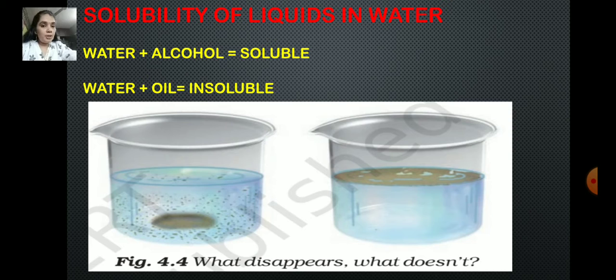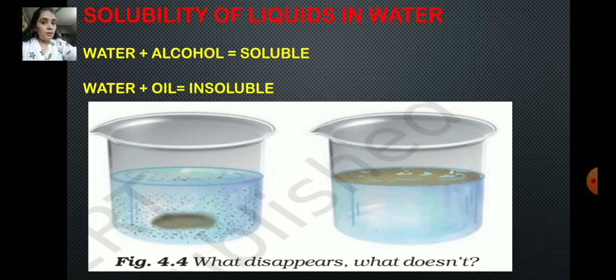So what we are going to learn? We are going to learn what are called soluble and insoluble. Soluble means anything which dissolves in water, and insoluble means that does not dissolve in water.